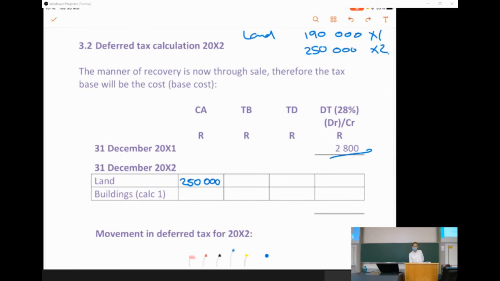Now in year 1, our carrying amount was 190,000. We said that we have no tax deductions because we are going to use the land, and while we are using the land, we will not get any wear and tear on that land. So therefore, we had a temporary difference, which we said was exempt because it arose at initial recognition. At initial recognition, it wasn't a business transaction and didn't affect accounting or tax profit.